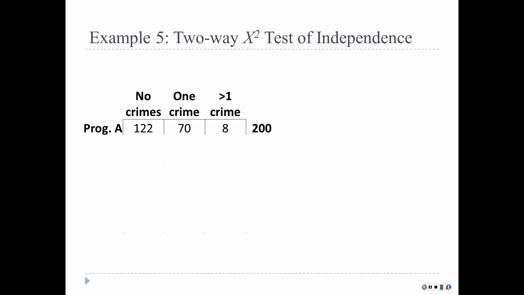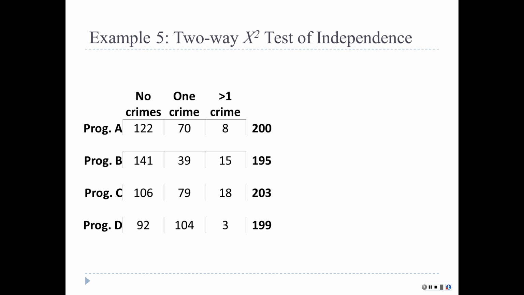So we can get our data back up here again, program A, B, C, and D, and you've got your row and your column totals. So here, the expected value, 115.68, is going to be 200, which is the row total, times 461, and that's going to be, 8 bazillion thousand, whatever. And you'll divide that by 797, and that'll give you 115.68.